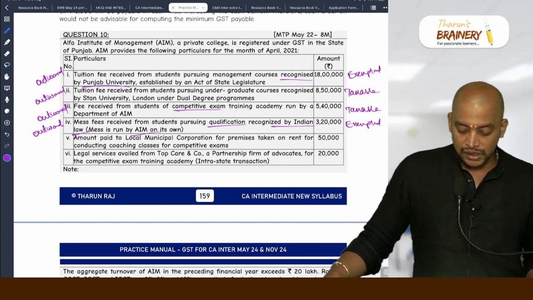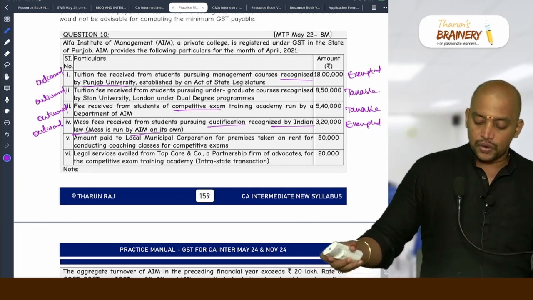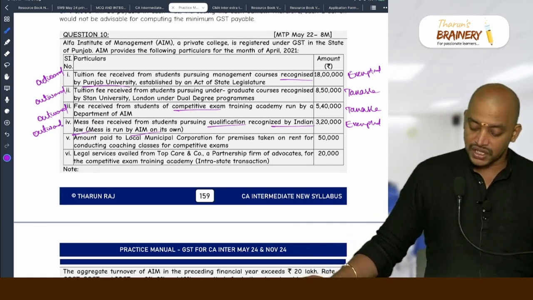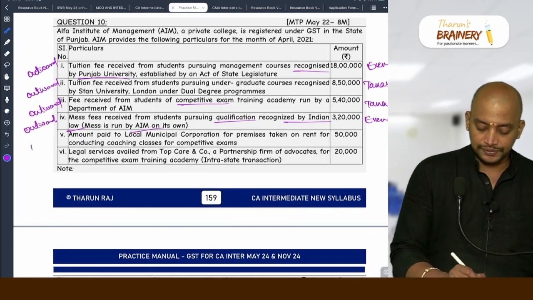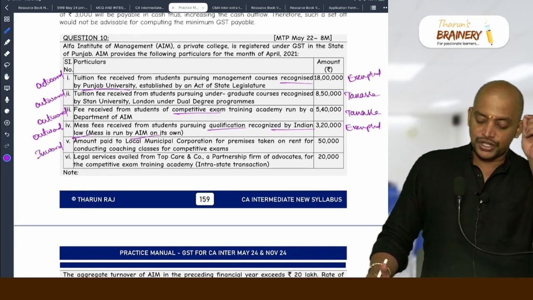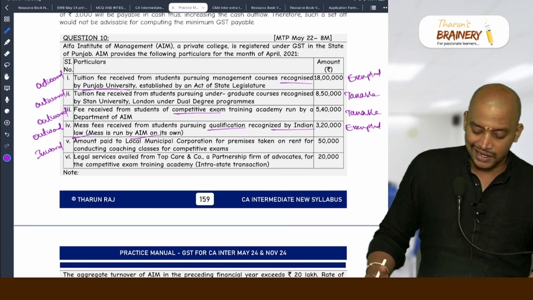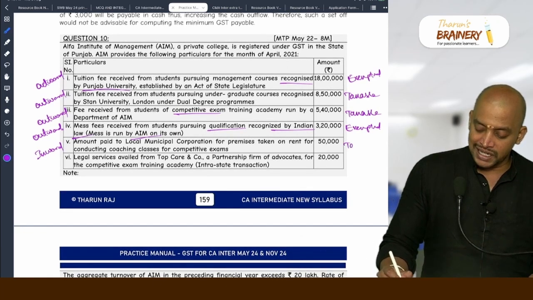Amount paid to local municipal corporation for premises taken on rent for conducting coaching classes for competitive exams. Amount paid means inward. It will be taxable, and it is RCM.